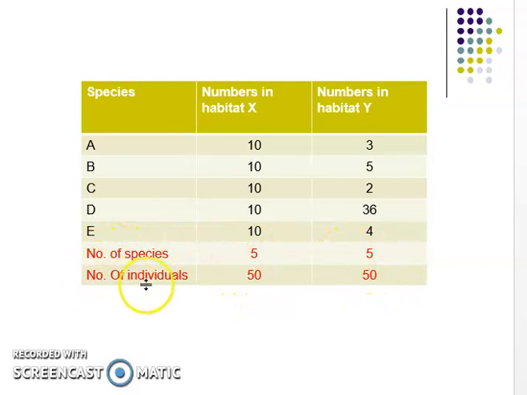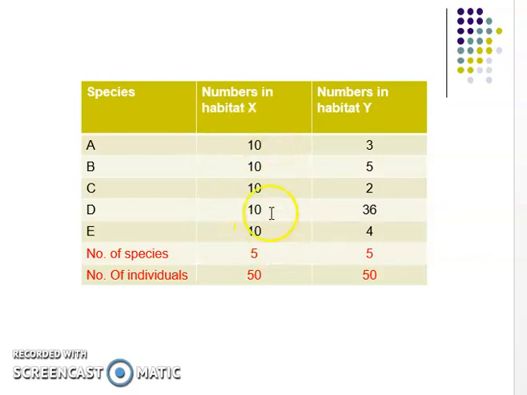So if you just looked at that bit of data in red, you wouldn't be able to tell which of these two habitats had a higher species diversity. However, if you look at habitat X, this is a very stable habitat because there are fairly large numbers of each species.